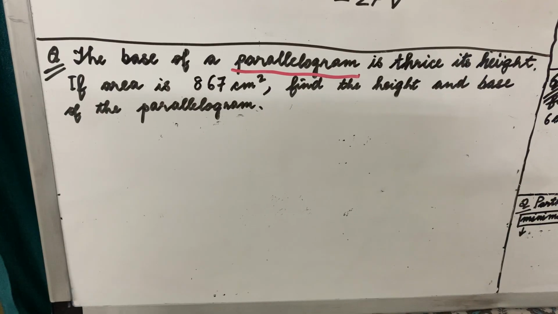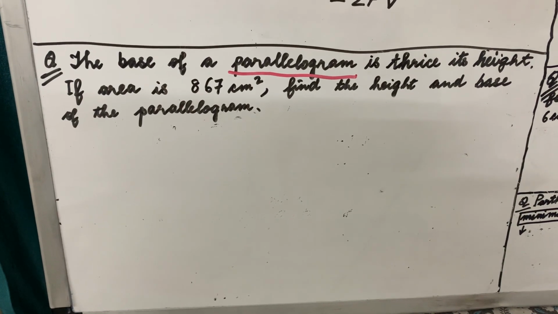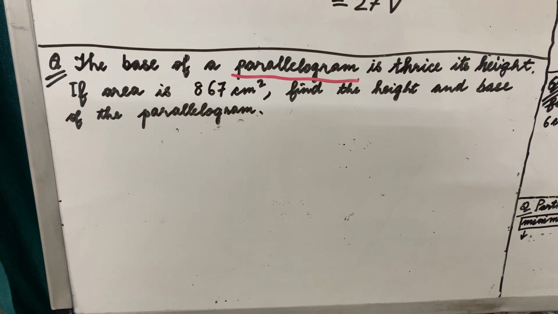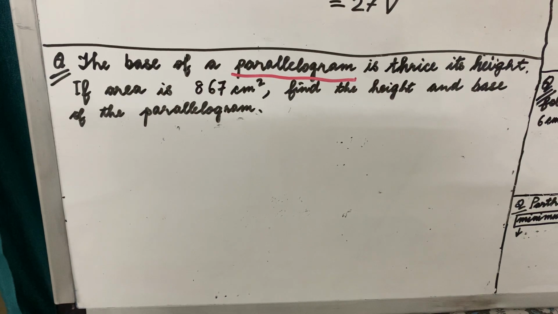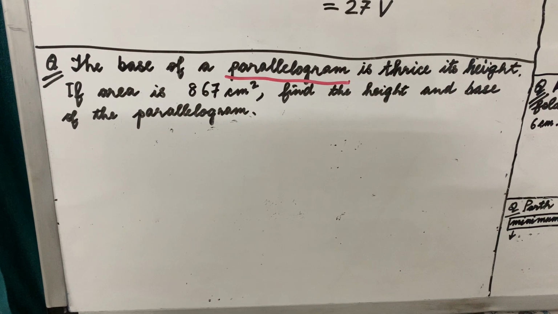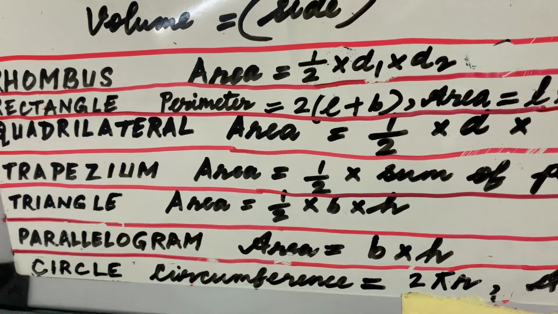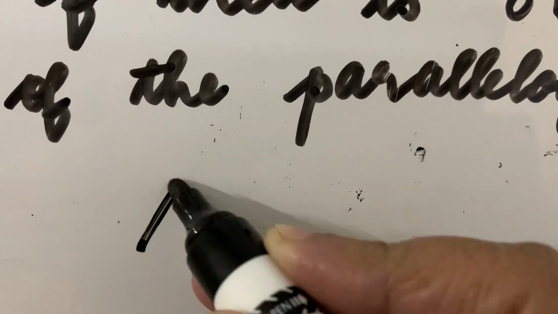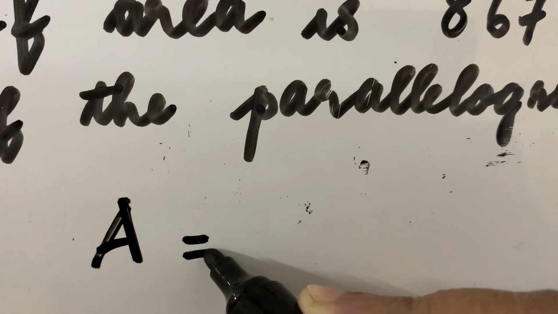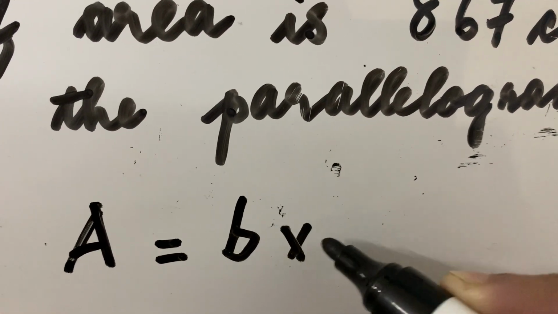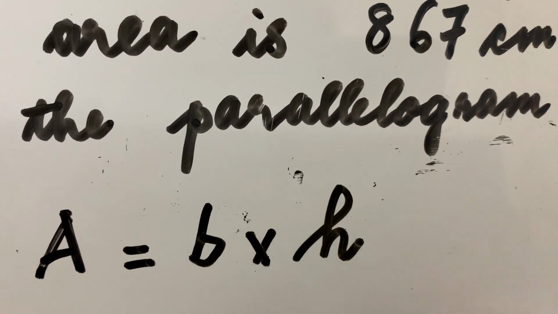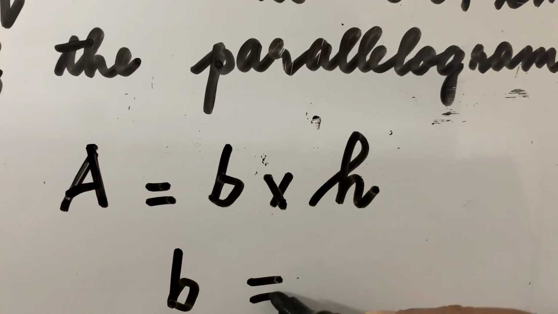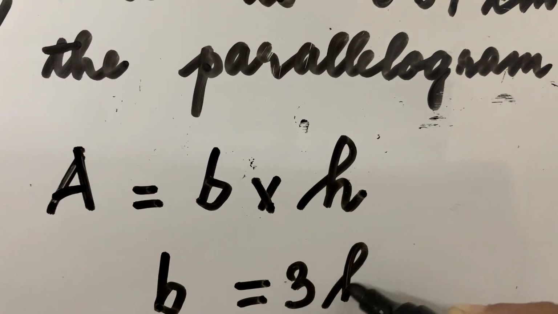volume. The next question is, the base of a parallelogram is twice its height if the area is 867 centimeters square. Find the height and the base of the parallelogram. Area of a parallelogram equal to base into height. So area of the parallelogram is given by base into height. Here it is said the base is 3 times the height.